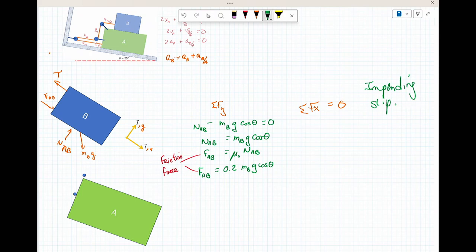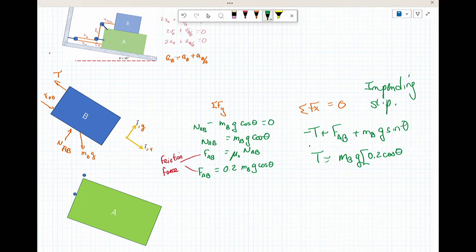Minus T plus FAB plus MBG sine theta, and the tension is equal to MBG times 0.2 cos theta plus sine theta.